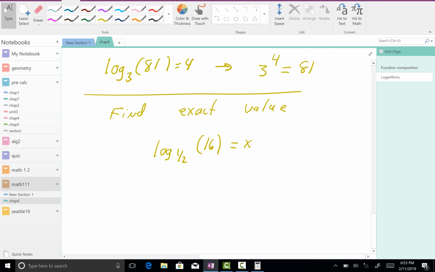Here's what we're going to do. We're going to use the definition of a logarithm on this. You use the definition of a logarithm a lot on these, so you kind of got to know it. So we're going to take the base, that's this, to this power here, and that's going to equal 16.